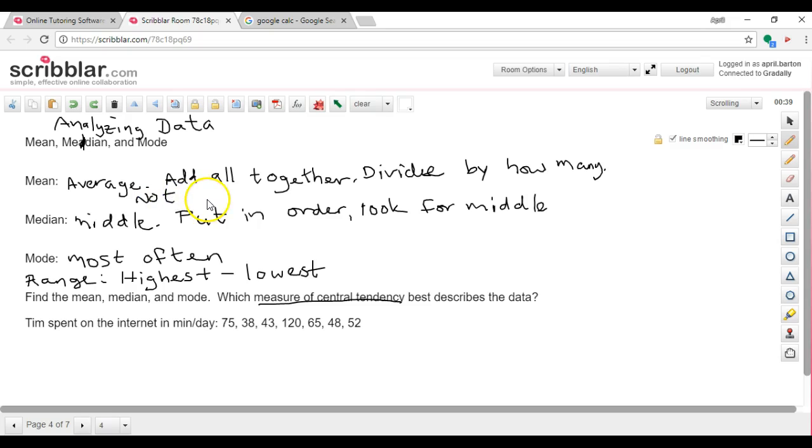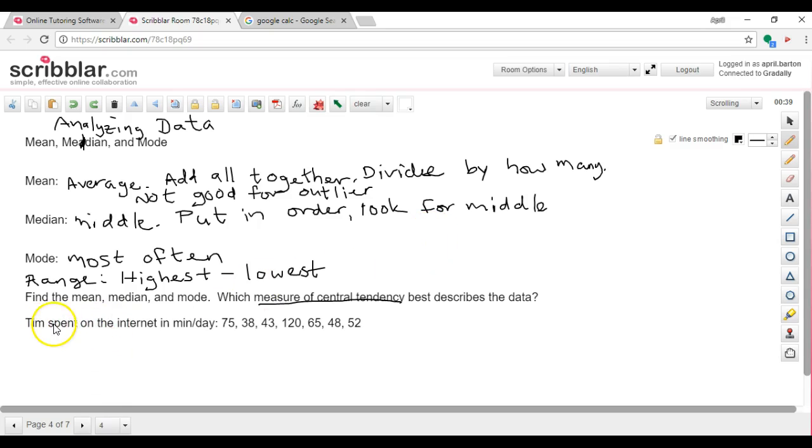If you have one number that just doesn't fit in the group at all, then mean is not the best option. If they're all about the same range, then mean is a good measure of central tendency.